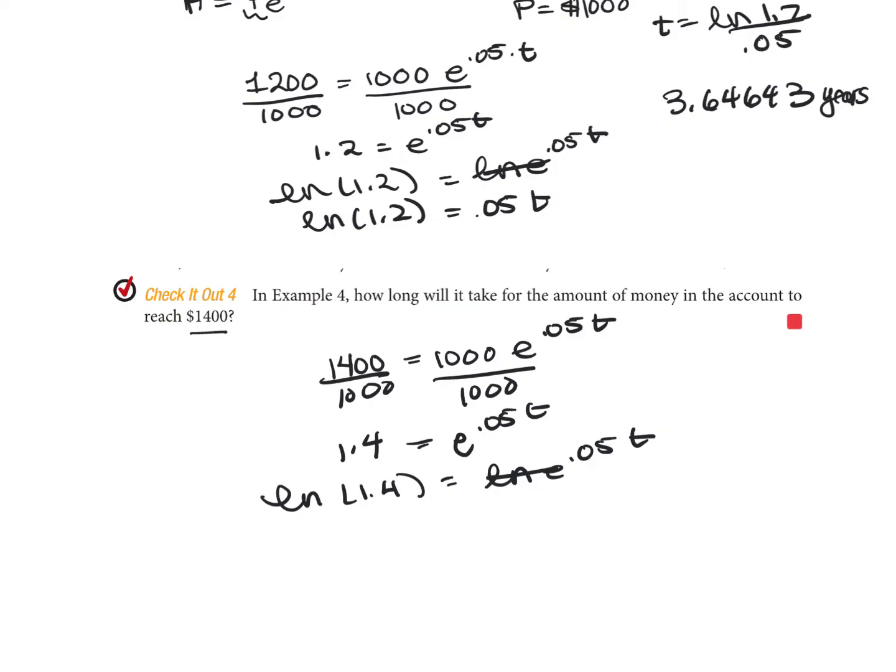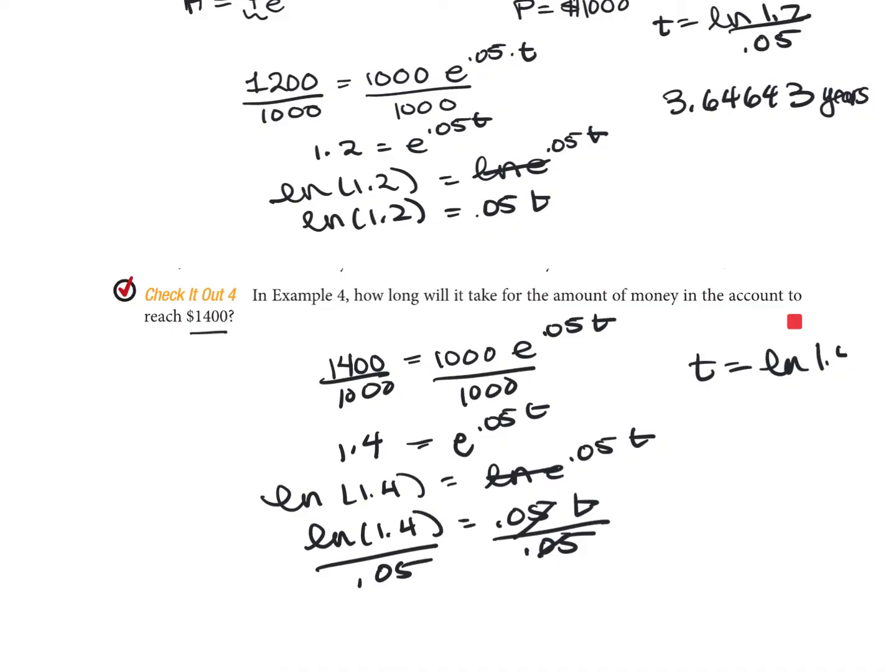I'm going to cancel those out because they're inverse functions. And you end up with the natural log of 1.4 equals 0.05 t. Divide both sides by 0.05. T equals natural log of 1.4 divided by 0.05.